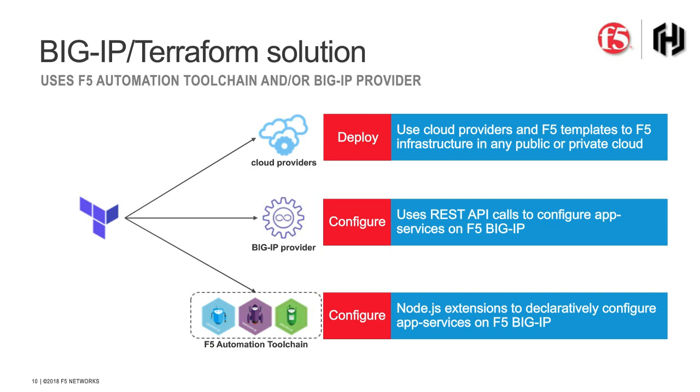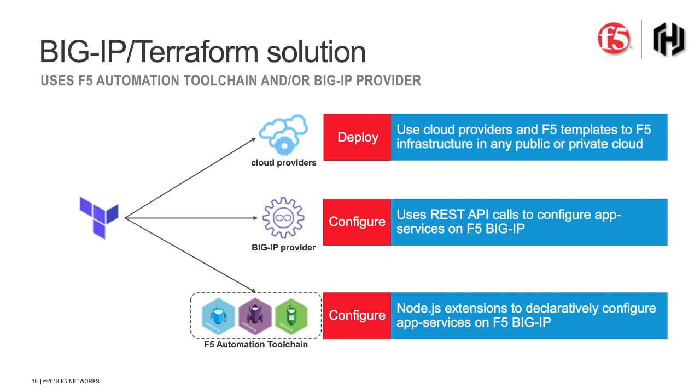So you can deploy F5 templates on AWS, or Azure, or Google Cloud, or any other private cloud as well. Once the BIG-IP is manifested, you can also use Terraform and the BIG-IP provider to configure other services like your virtual IP, pool members, nodes, and stuff like that.